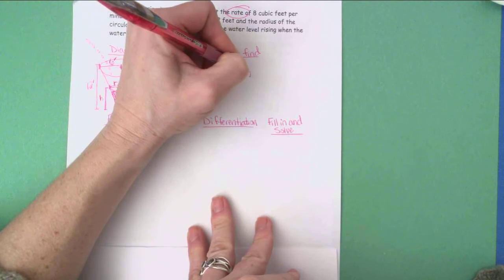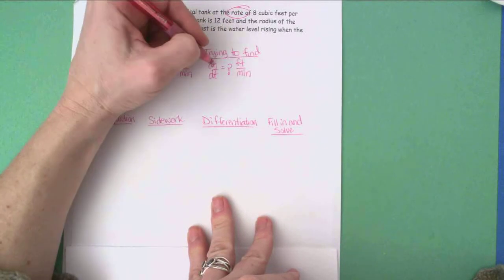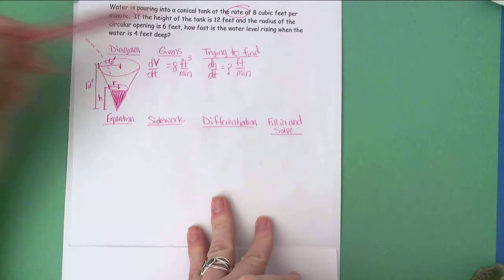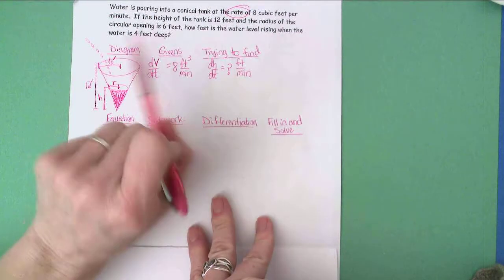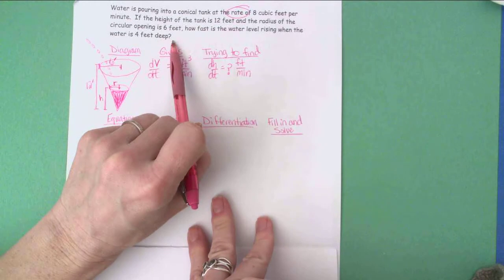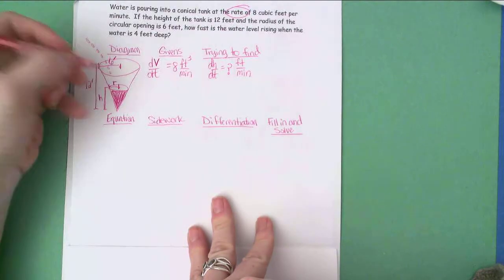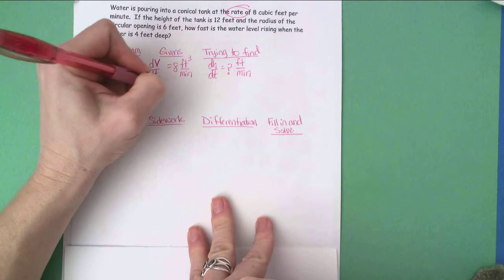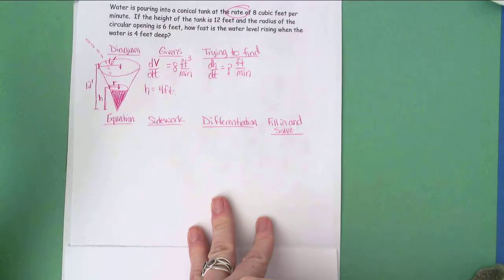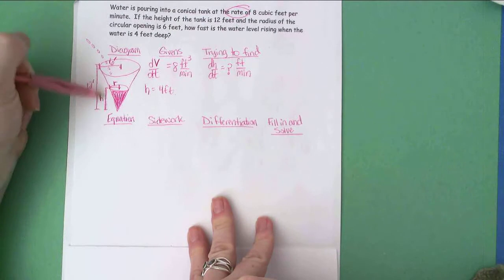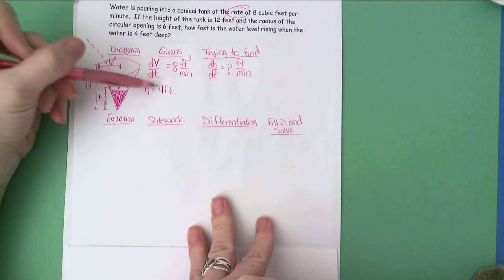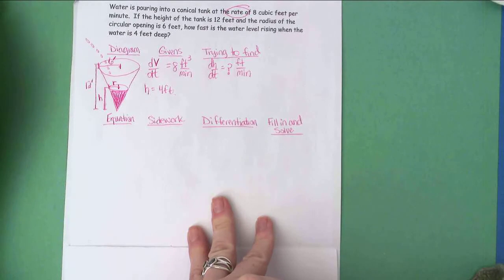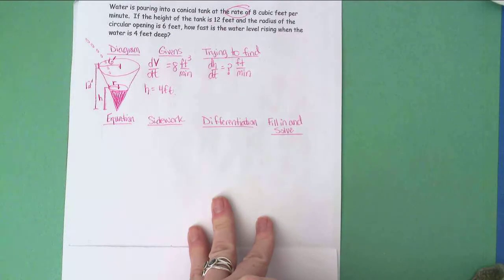My label is always given by what this is measuring and what this is measuring. I'm looking for that when the water is 4 feet deep. That's a given. So when h is 4 feet. At the exact moment this water height reaches 4 feet, how quickly is that height changing at that moment is what we're seeking to find.